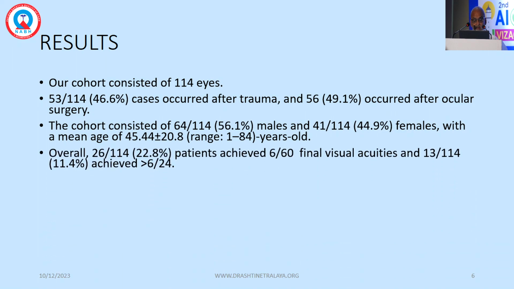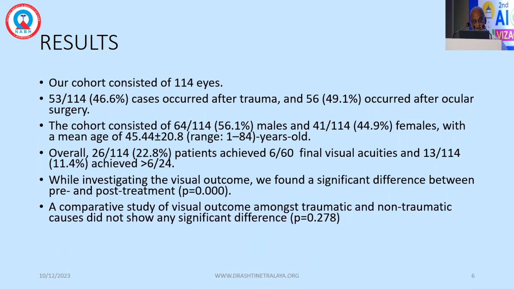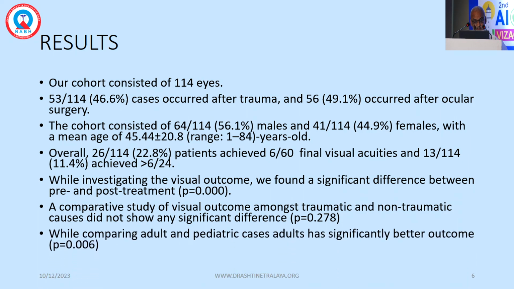The overall outcome: 22.8% of patients achieved more than 6/60 vision, and approximately 11% achieved more than 6/24 vision. While investigating the visual outcome, we found a significant difference between pre and post treatment, and when we compared traumatic and non-traumatic etiology, we did not find any significant difference.